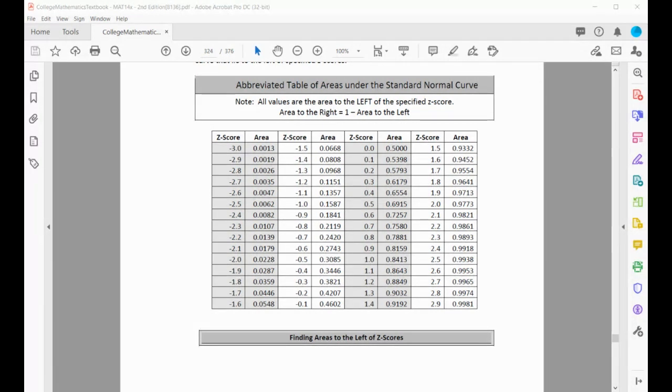You get 2.0, and that area is 0.9773. So the area to the left of 2 under the standard normal distribution curve is 0.9773. So that means the area to the left of 22 under the normal distribution that we're dealing with is 0.9773.